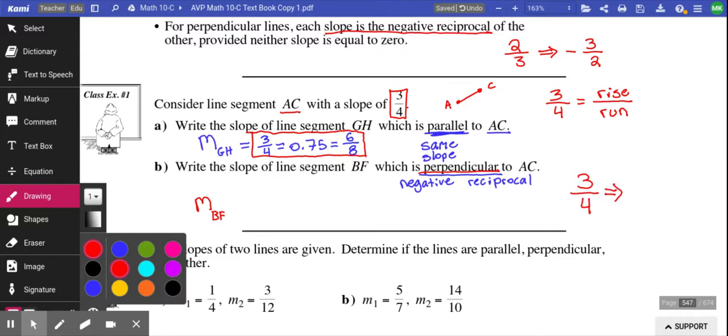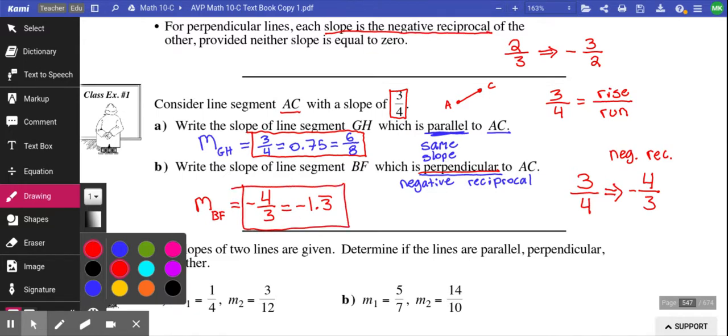Negative means instead of being positive, it will now be negative. Reciprocal means you flip the fraction upside down. That means my slope of BF must be negative 4 over 3. If you put that in your calculator, that's negative 1.3 repeated. Same answers. That would be perpendicular to AC because the slope is the negative reciprocal.